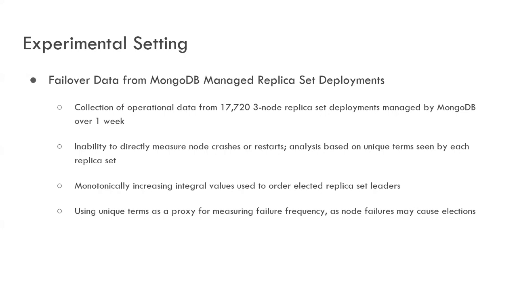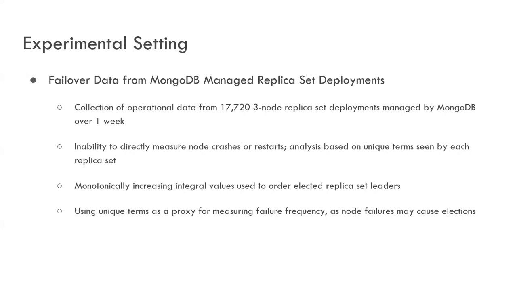It's important to note that terms are monotonically increasing integral values maintained on each replica set node and are utilized to totally order elected replica set leaders. Only one leader can exist for a given term. By examining the set of all unique terms over a specific period, it becomes possible to gauge how many elections the replica set experienced.